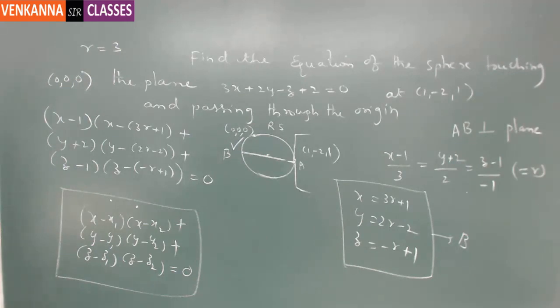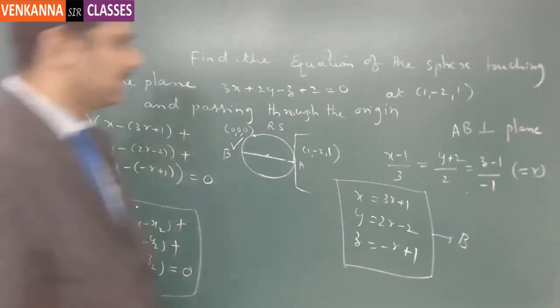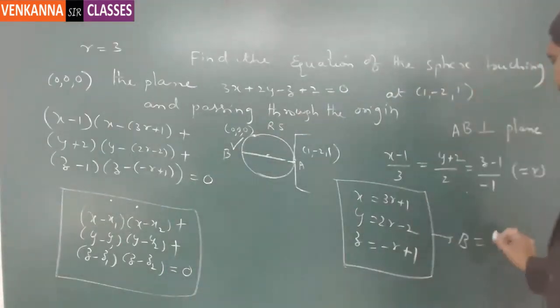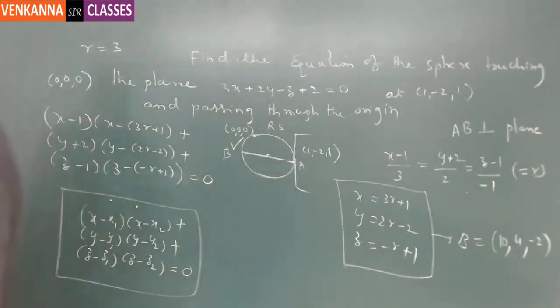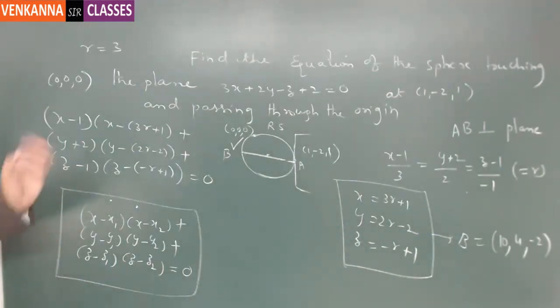Hence you can find the respective sphere equation. Substituting R value here, you get B is equal to 10, 4, minus 2, the end point of diameter.